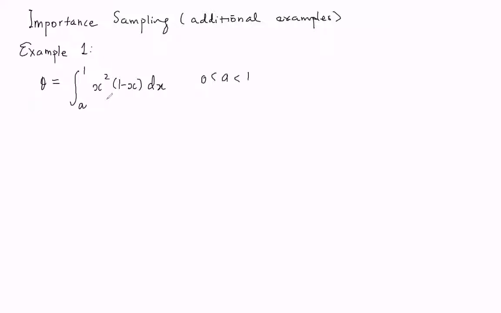Okay, so of course this integral is very easy to evaluate, right? You can just do it by hand. Okay, I just leave that out. So it's easy to do by hand.